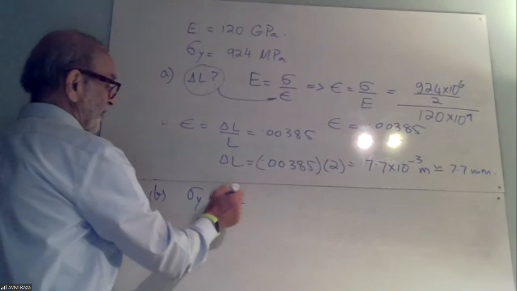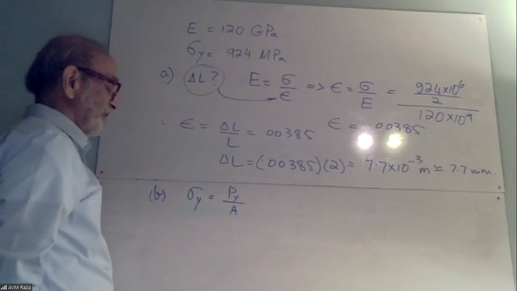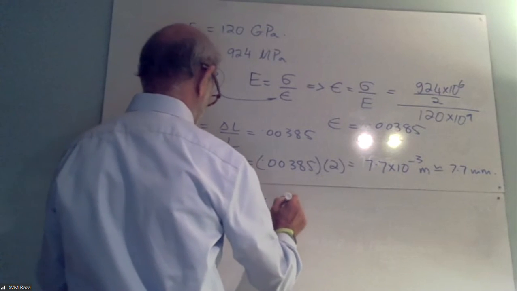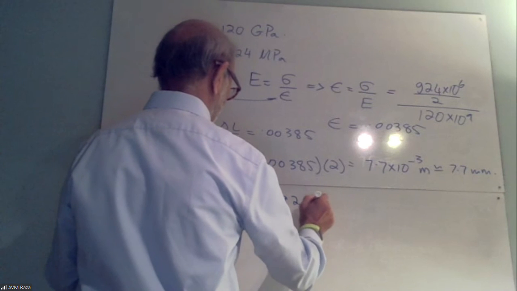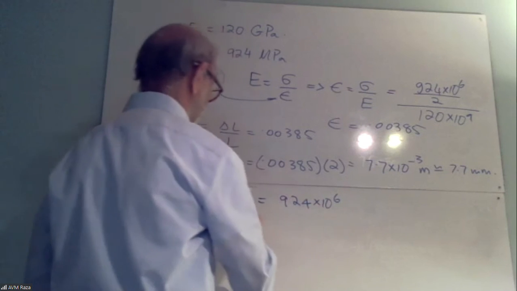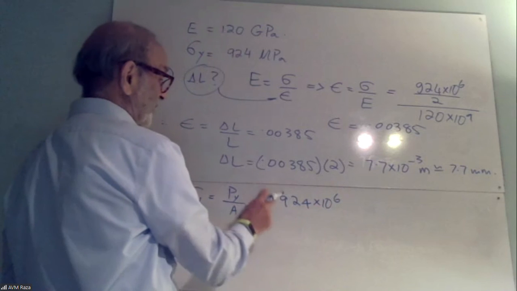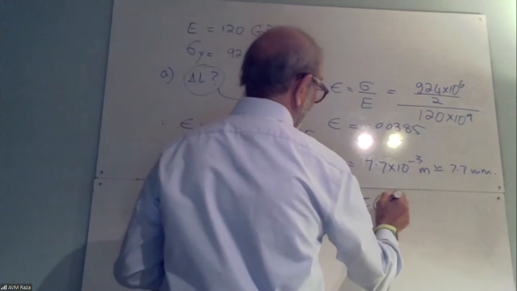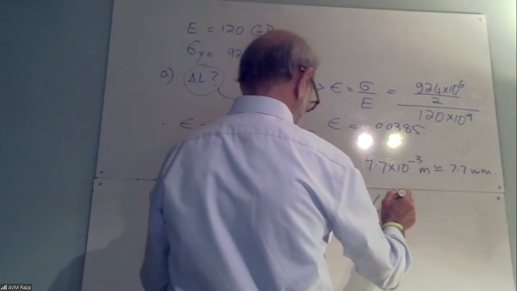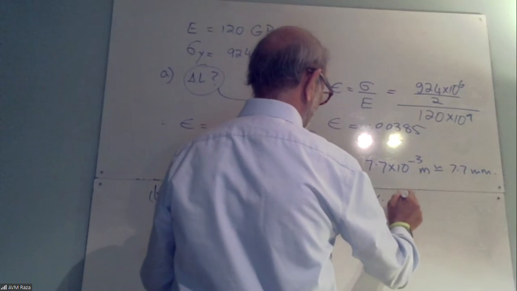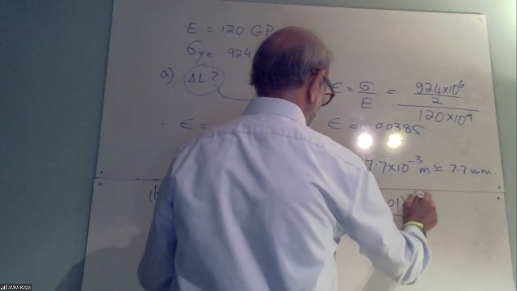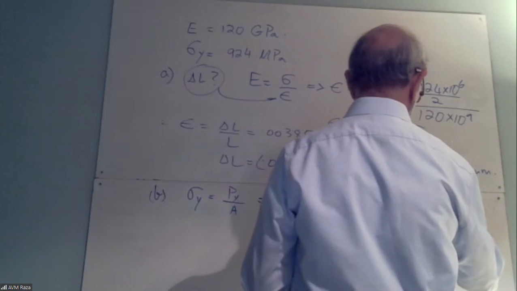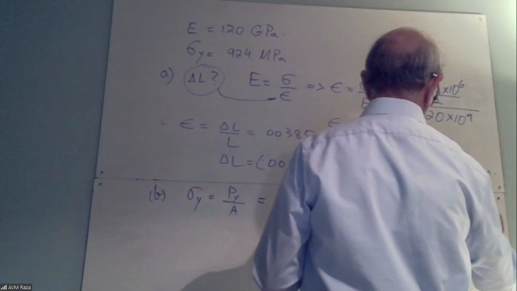So the load will be area multiplied by the yield strength, which is 924 times 10 to the power 6 multiplied by the area, which is pi times 0.01 squared over 4. And this comes out to 72.6 kilonewtons.